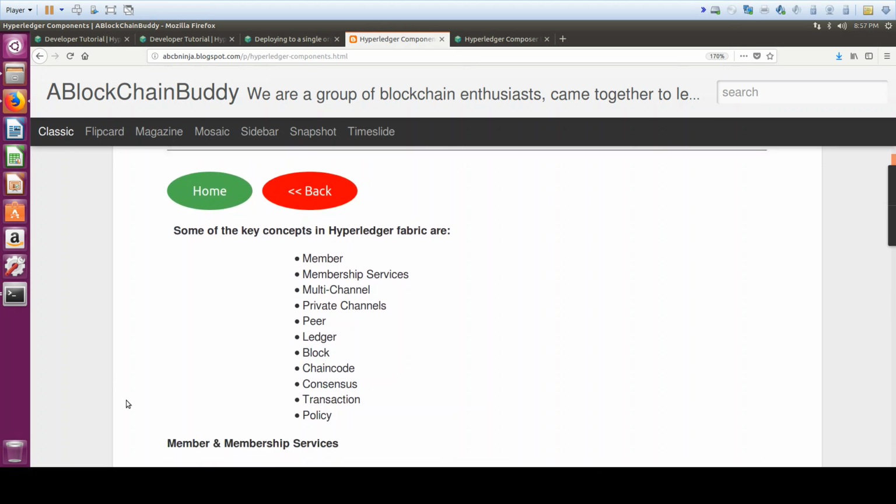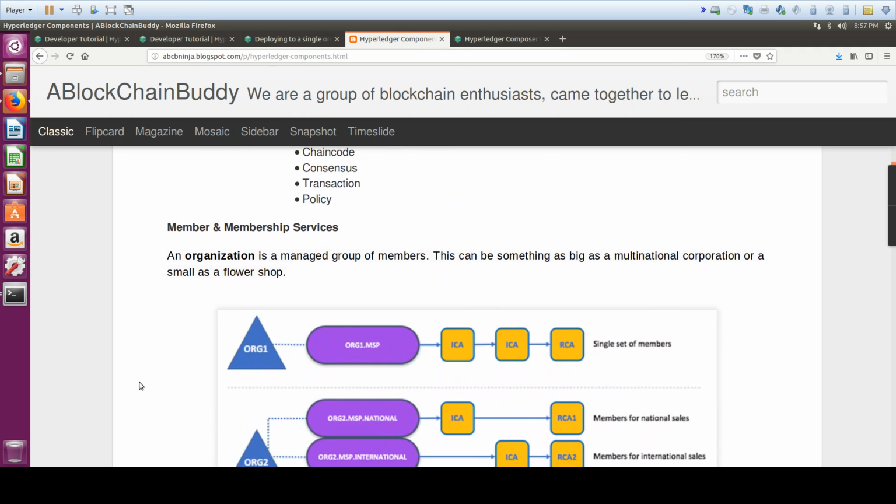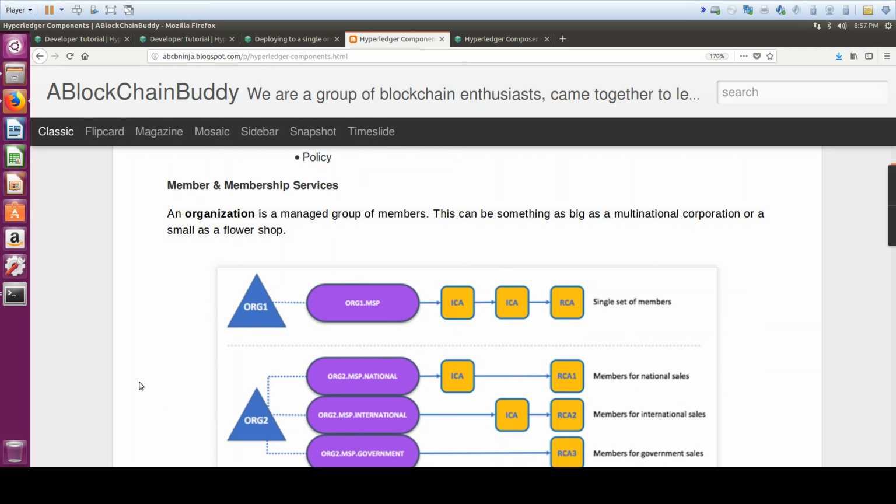These are some of the key concepts in Hyperledger Fabric: member, membership services, multi-channel, private channel, peer, ledger, chaincode, consensus, transaction policy. We will cover them in detail.